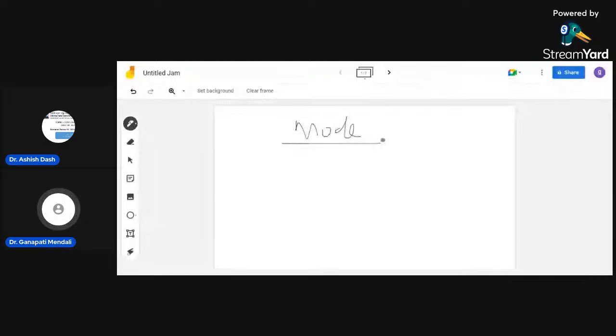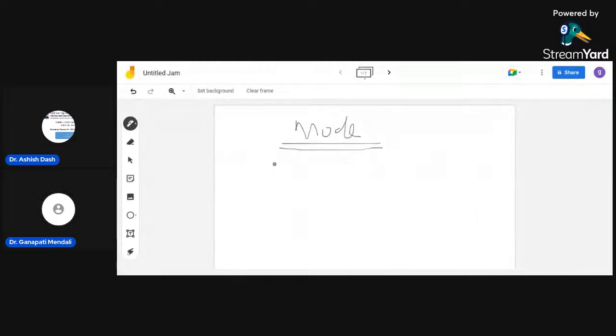Now suppose we have marks obtained by students.